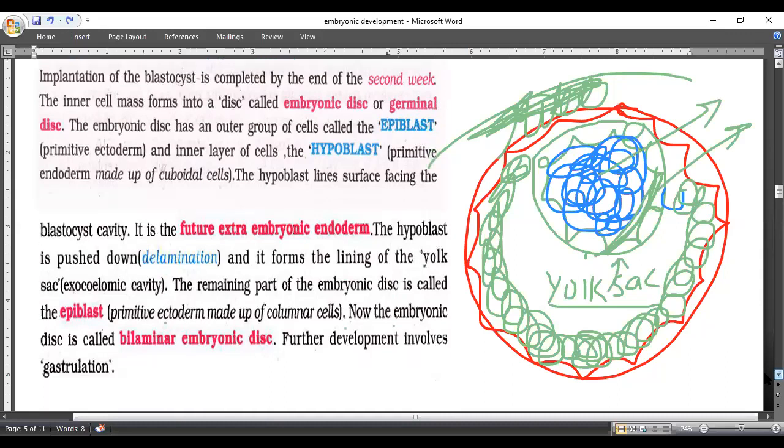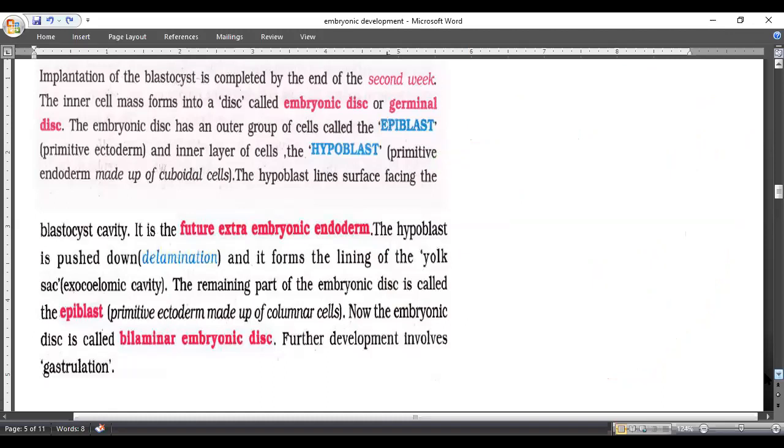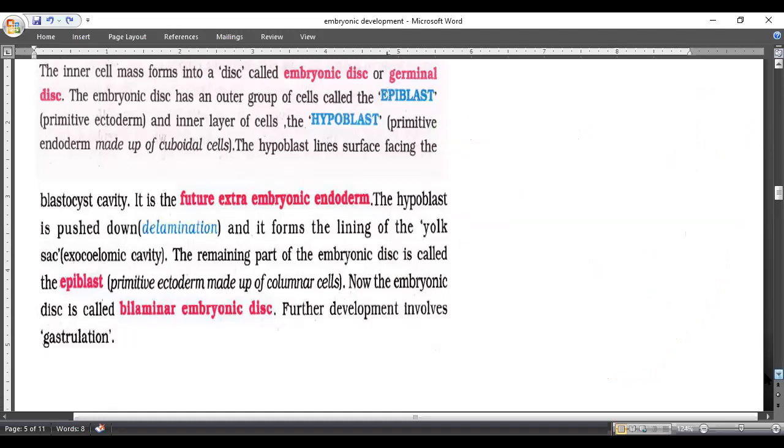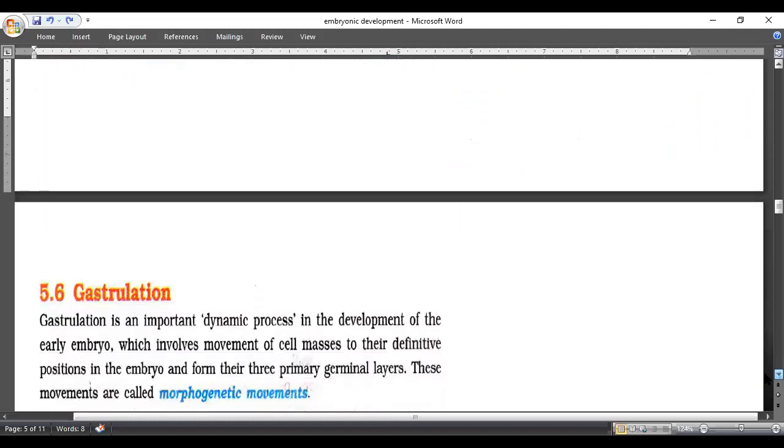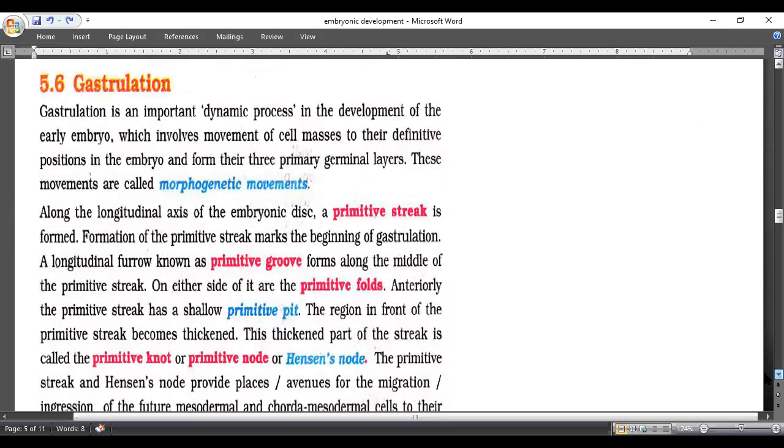Okay, what next? The further development involves the gastrulation process. Now let me move towards gastrulation. Here you need to be a little bit careful.